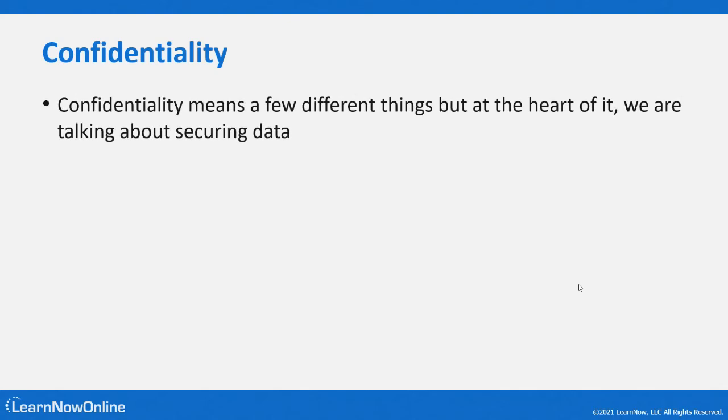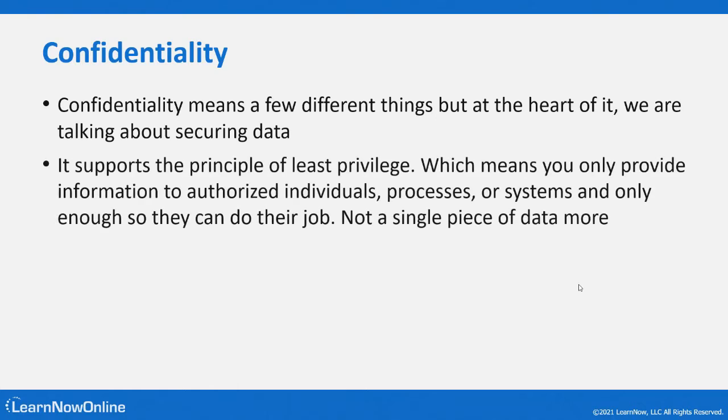This can mean a few different things, but at the heart of it, what we're talking about is securing our data, and data in all forms. It supports the principle of least privilege, and what that means is that you only provide information to authorized individuals, processes, or systems, and you only provide enough information so that they can do their job, not a single piece of data more.